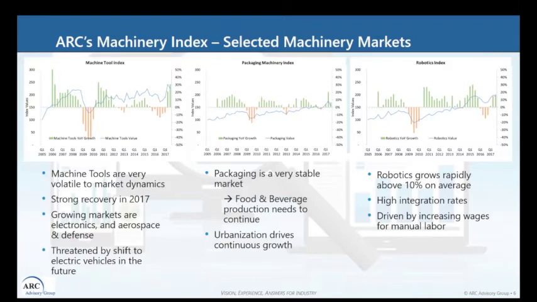The main reason is that people cannot just stop eating or drinking, so the demand is always there, compared to cars. If people have less money, they do not buy new cars, but drive their old cars longer. But food is still very important, and therefore the packaging machinery industry is very stable.